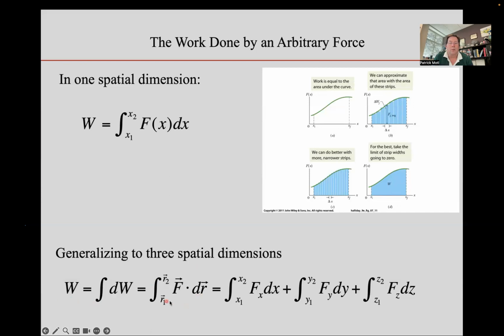The work will be equal to this three-dimensional integral starting from position 1, ending at position 2. What I'm integrating is the dot product of the force with the coordinate differential. I don't believe you're ever going to have a case where you need that in this class. In future life, you very well might. But that is, at the most fundamental level, what we mean by work for the most general expression of the force.